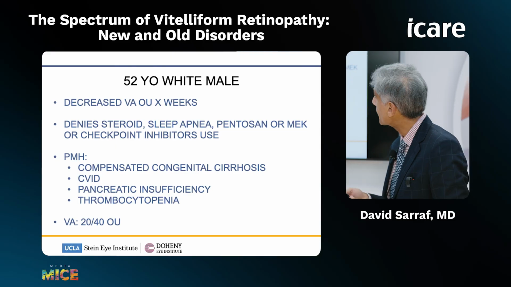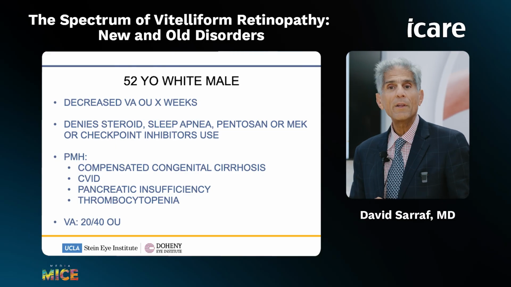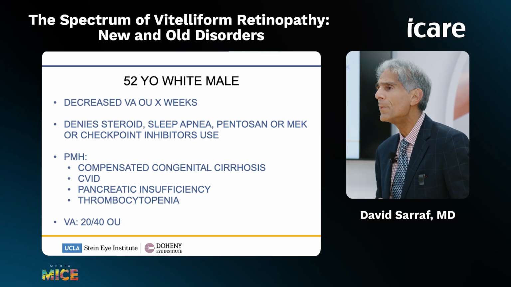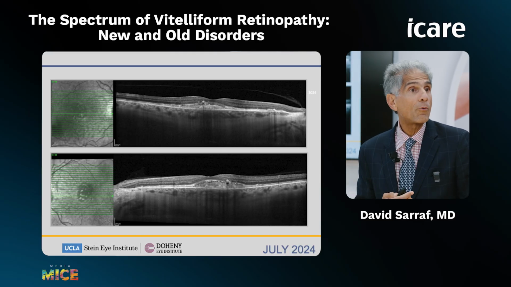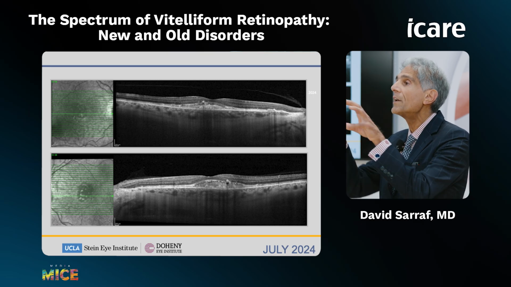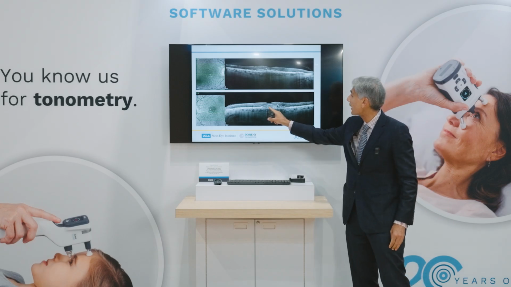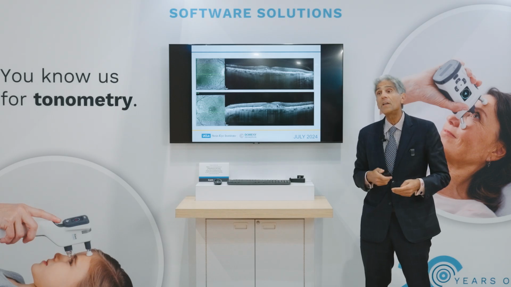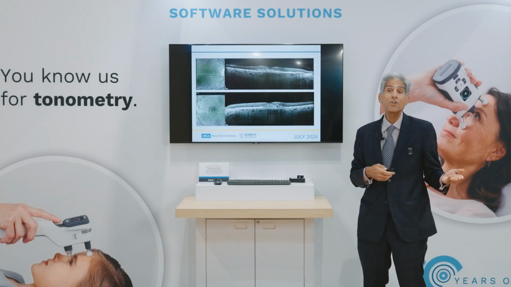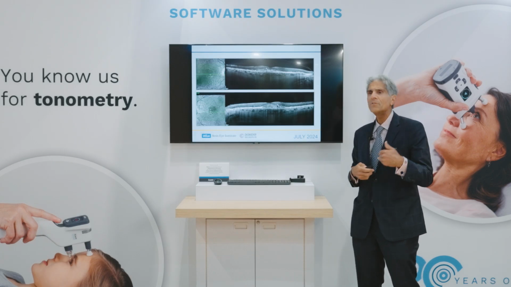And this particular gentleman presented with some vision impairment, and what we saw in the OCT were these classic vitelliform lesions where you see this kind of dome-shaped hyperreflective lesion in the subretinal space. And as I mentioned, it's an indicator of RPE function impairment. But he was a little bit older.